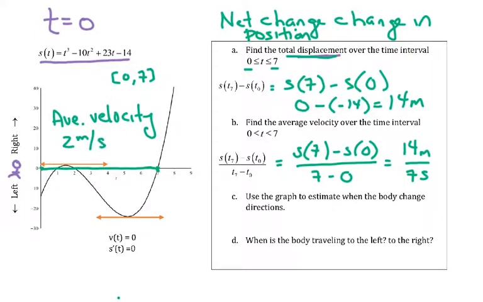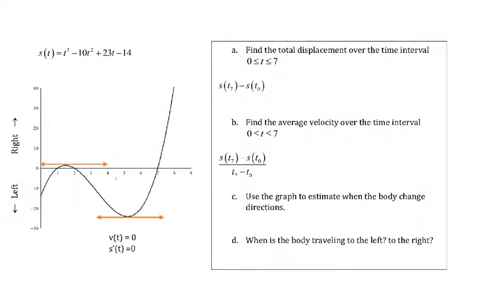And next, we're going to use the graph to estimate at what time the body changes directions. Okay, let's get a new page. Okay, so when does it change directions? That's when it's going to the left, and then right here where we have this horizontal tangent, the object changes direction.